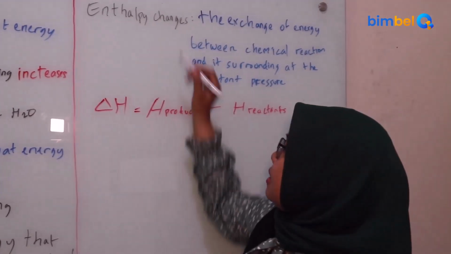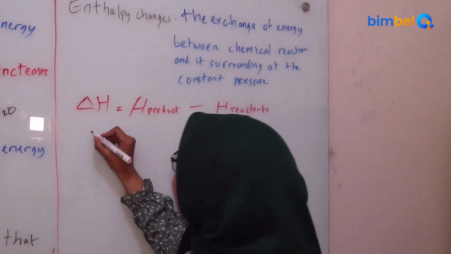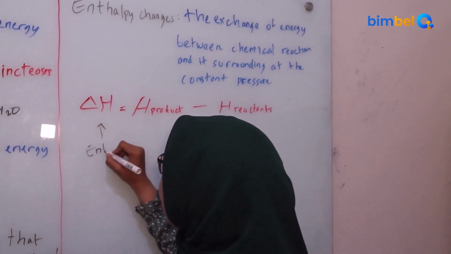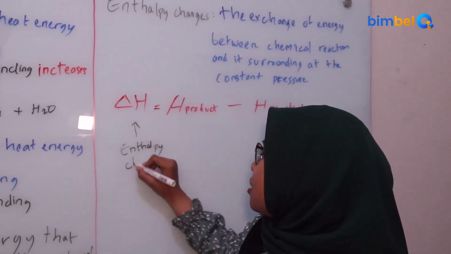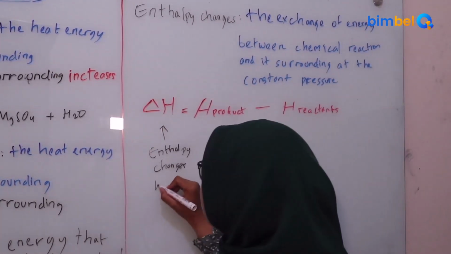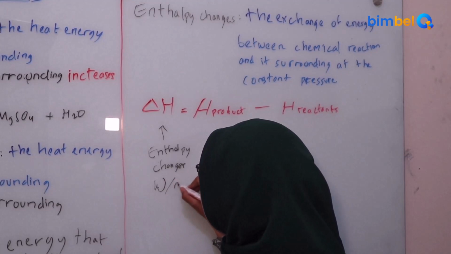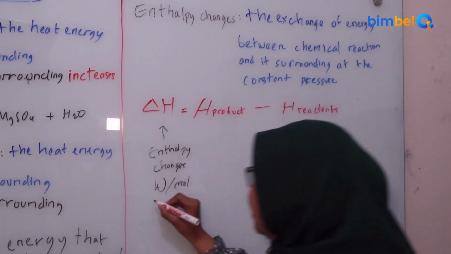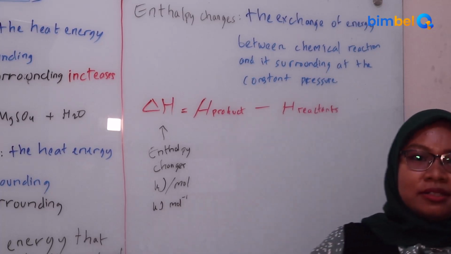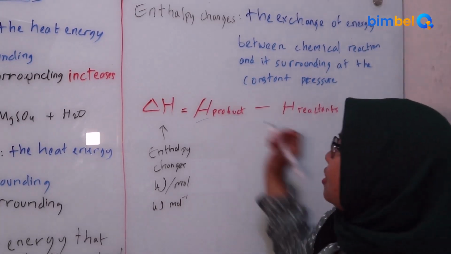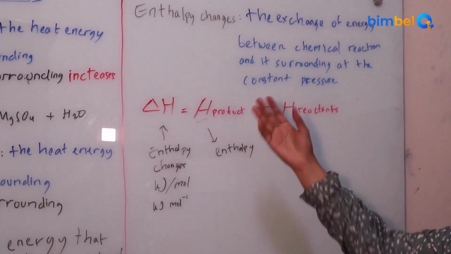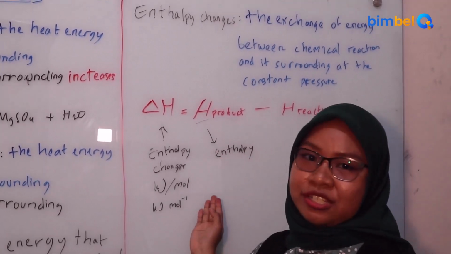The enthalpy change has the symbol delta H, and the unit for enthalpy change is kilojoule per mole, or you can also write kJ mol^-1, like this. And this H just means enthalpy. Okay, that's how we can calculate the enthalpy change.